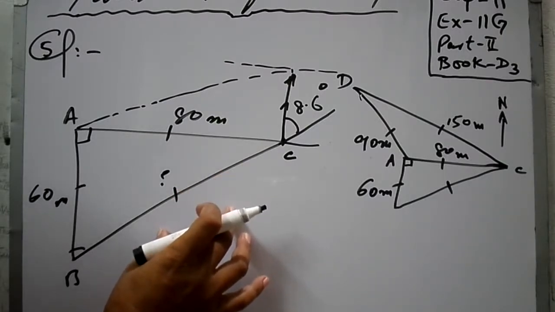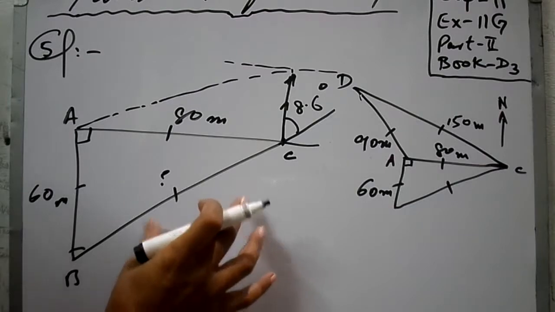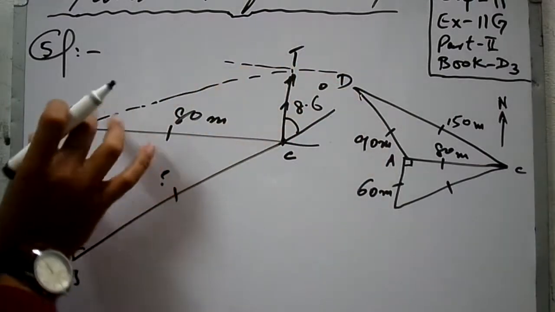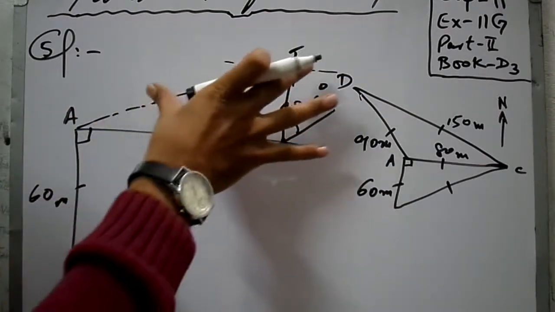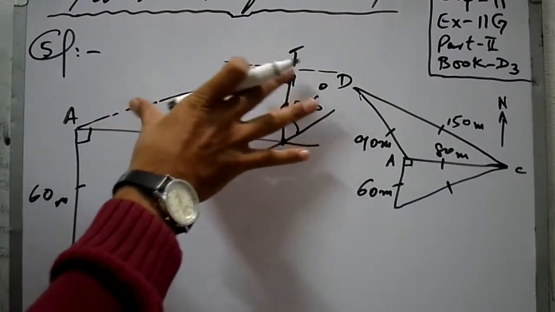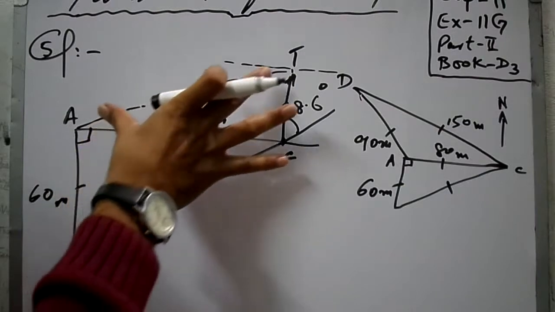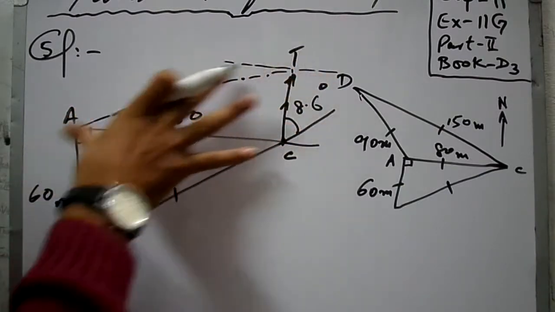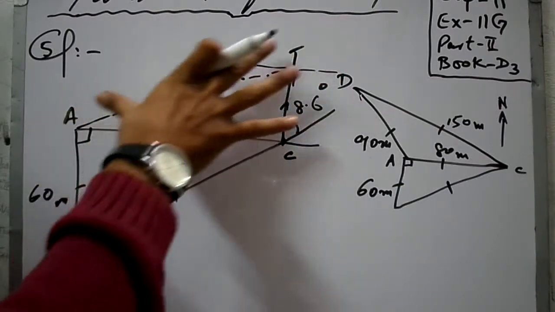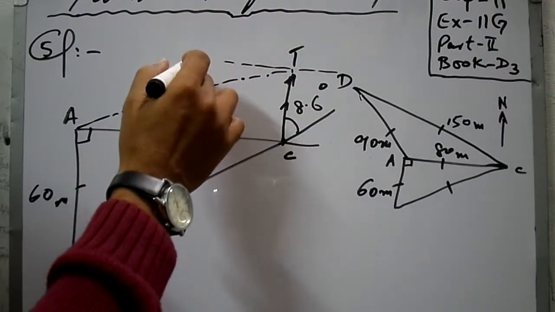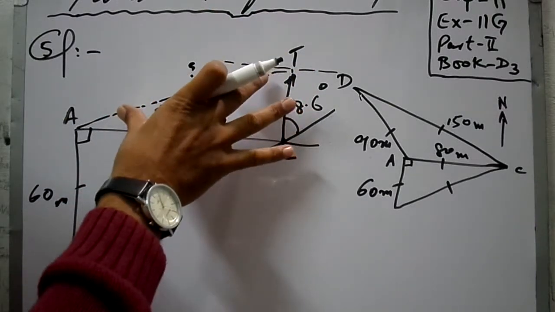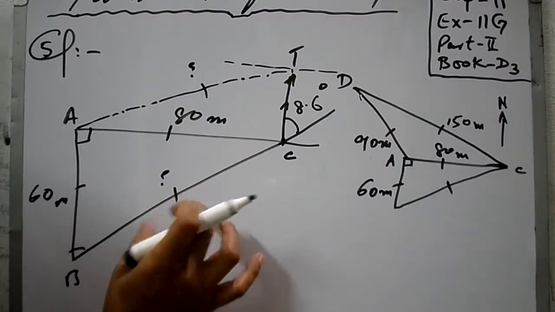What to find? We have to find the value of AT. For example, this is your T and we have to find AT. Why I have drawn this diagram? To clarify what the author says to us, that he asks us that we have to find AT because this is the vertical stand mast.